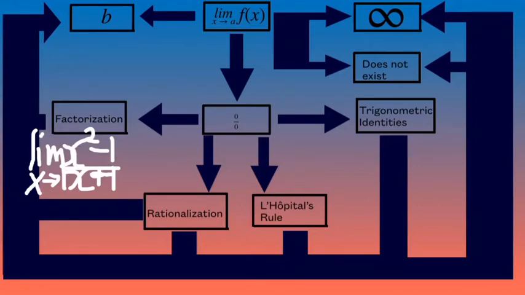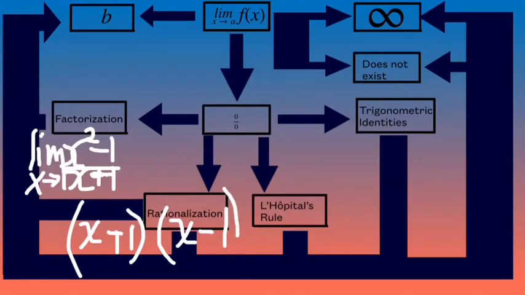But you probably know that x squared minus 1 is the same as x plus 1 times x minus 1. So you could try canceling, and if you notice, they aren't exactly the same function.